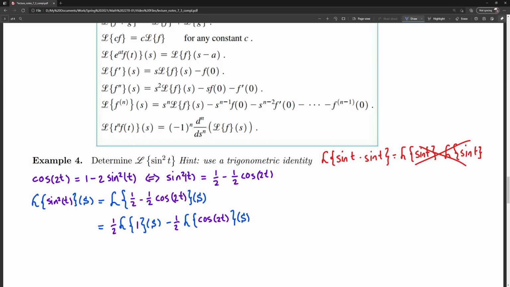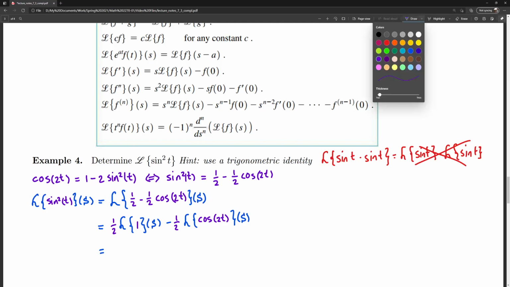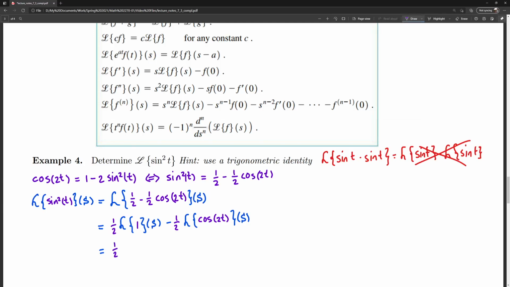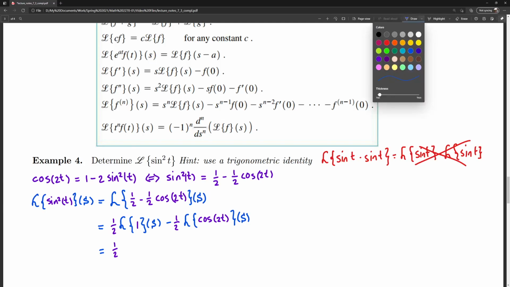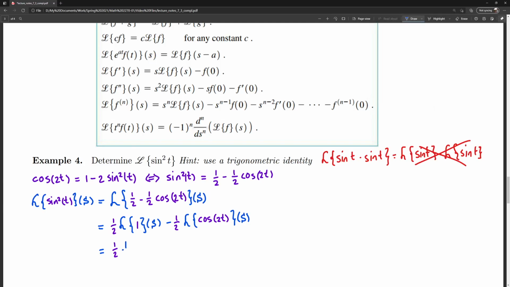And then I can use the table and find that the Laplace transform of 1 is 1 over s. So that is 1/2 times 1 over s.